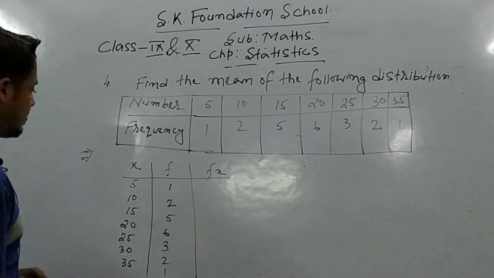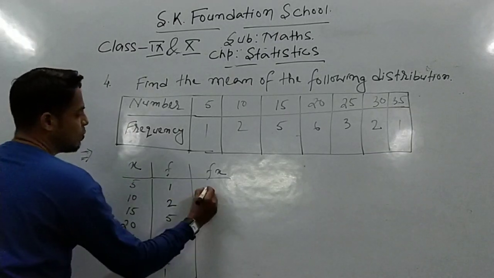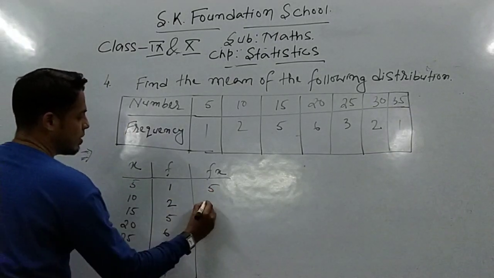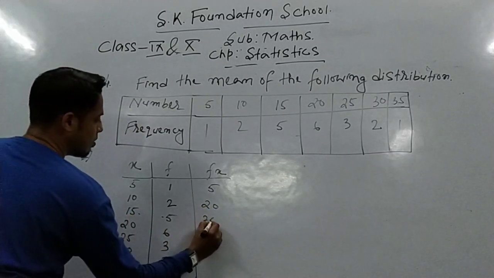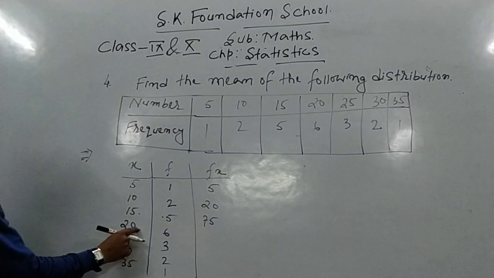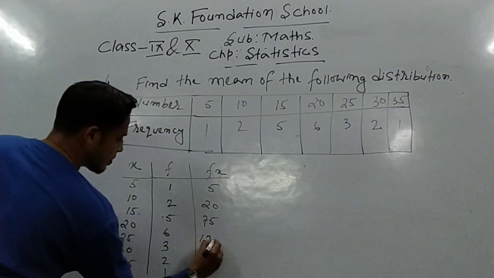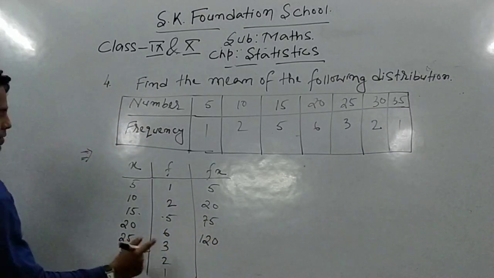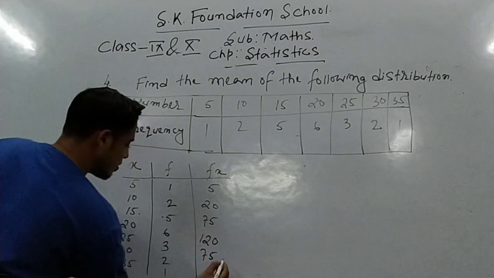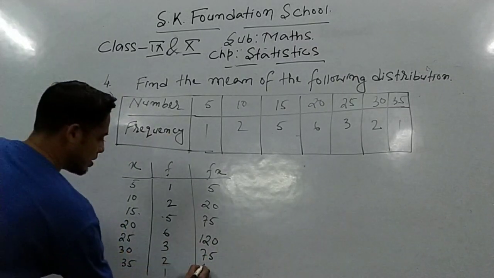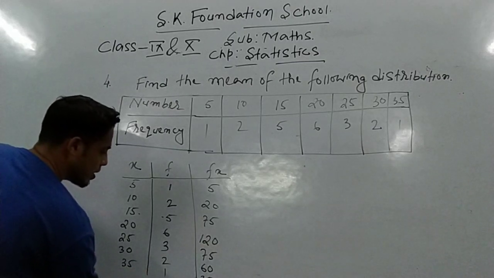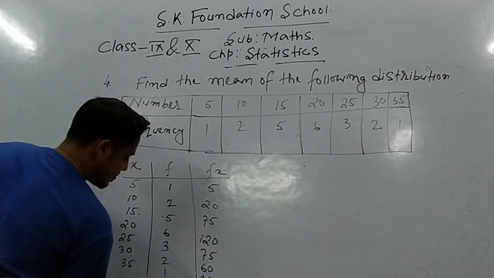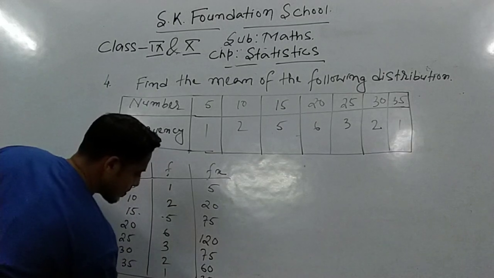Okay, so 5 into 1 is 5, 10 into 2 is 20, then 15 into 5 is 75, 20 into 6 is 120, then 75, then 60, then 35.